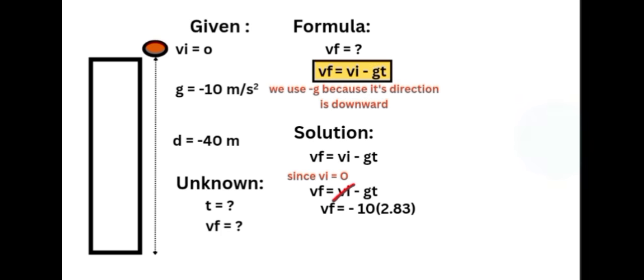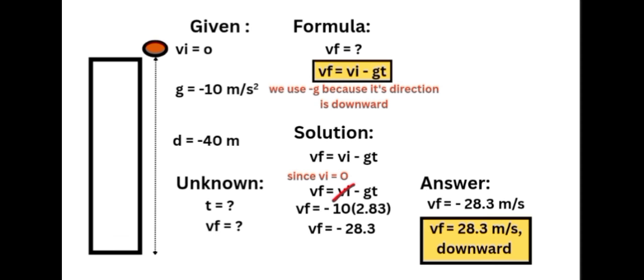So the final velocity now is negative 28.3, and the correct unit, of course, is meters per second. Take note that the negative sign only indicates direction. That final velocity is directed downward. So you can also answer it as 28.3 meters per second downward or negative 28.3 meters per second.